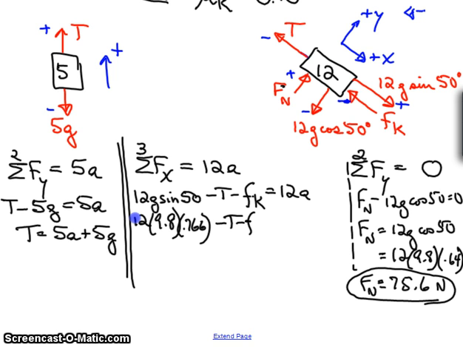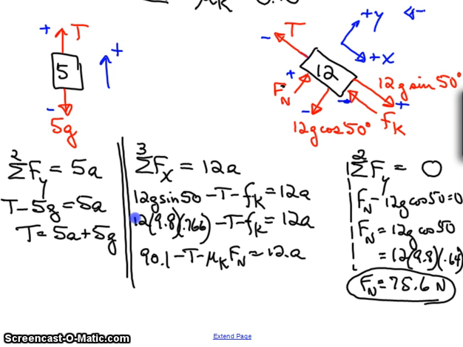We'll take care of the friction in a minute, equals 12A. So times 12 times 9.8 gives me 90.1. I get 90.1 minus t minus F sub k. Now F sub k is going to be mu sub k times F sub n equals 12A.